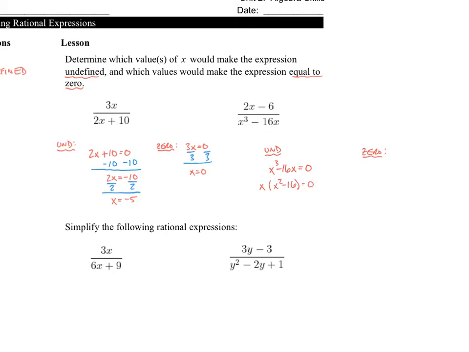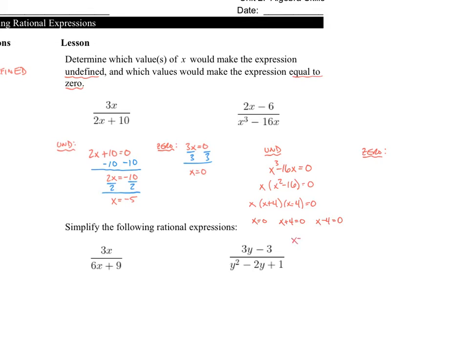And I can continue to factor using difference of perfect squares. So I end up with 3 factors, and remember when we're solving, we now have to set each of those factors equal to 0.